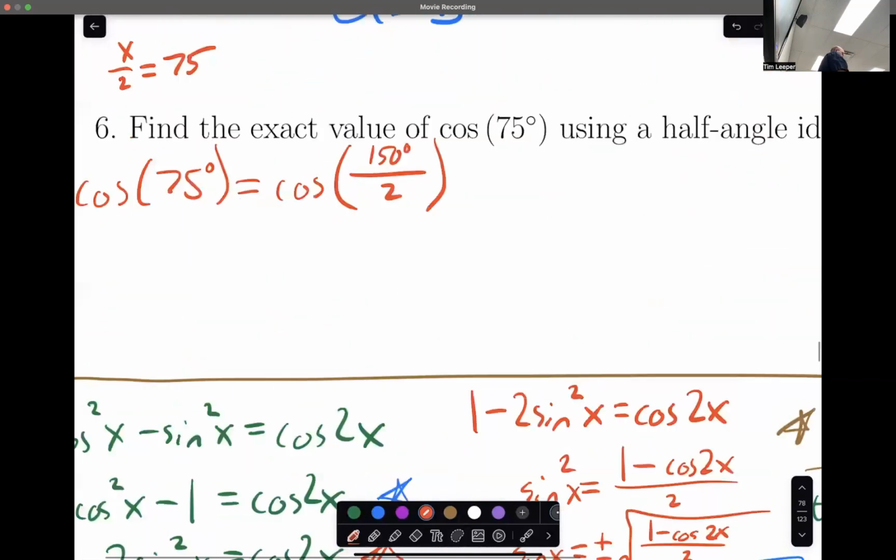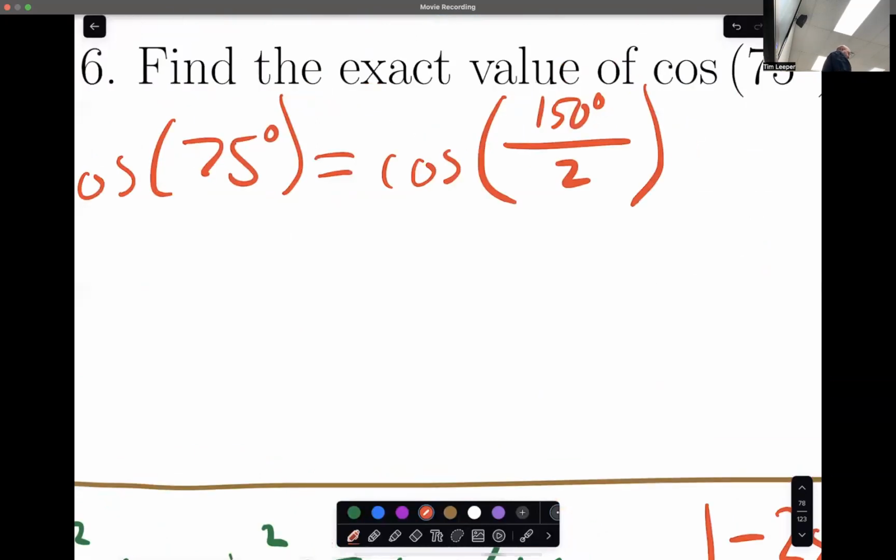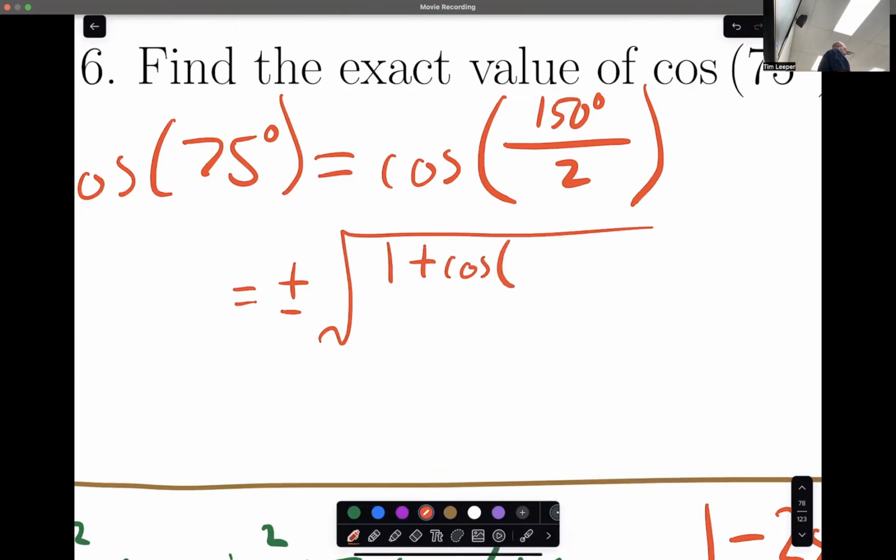So coming down here, this is equal to plus or minus the square root of 1 plus cosine of the x value, which is the numerator, and the numerator here is 150 degrees, all over 2.